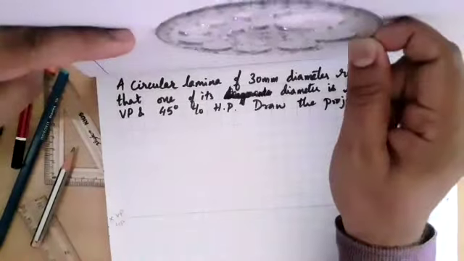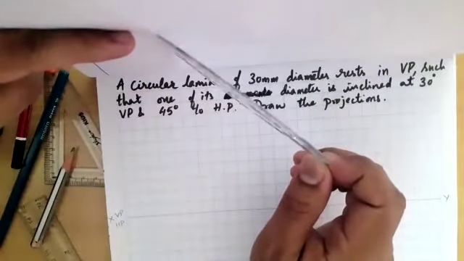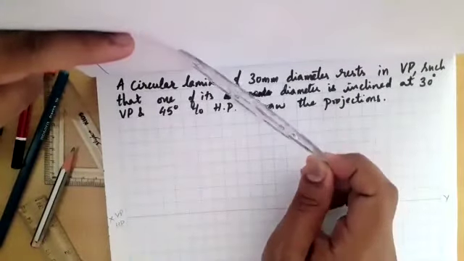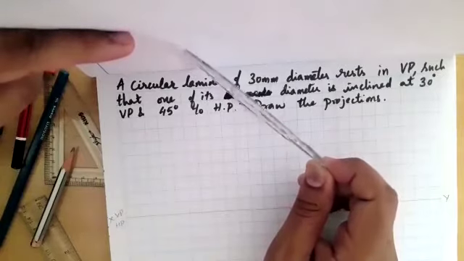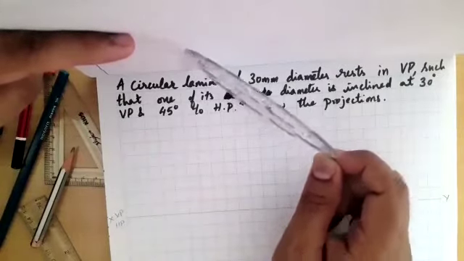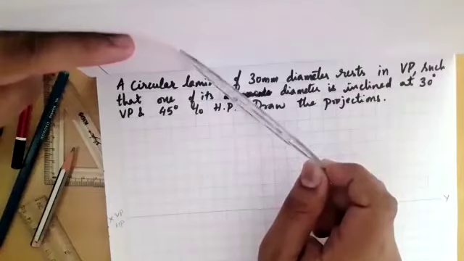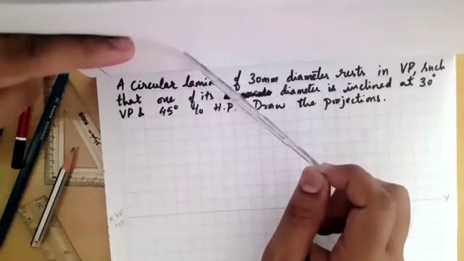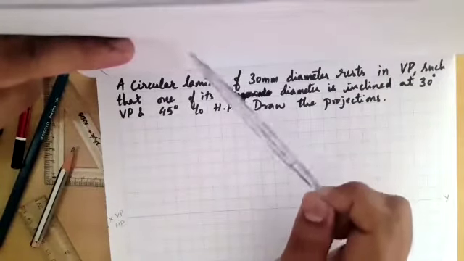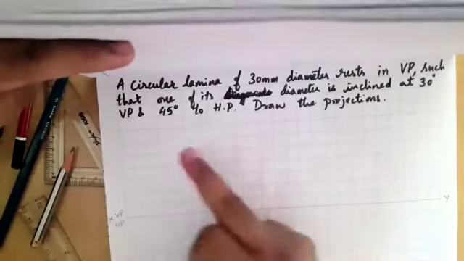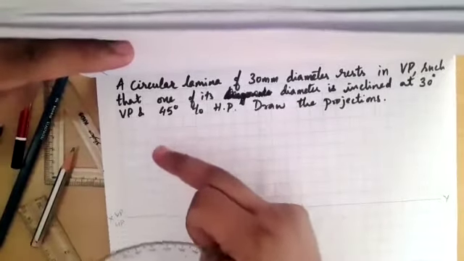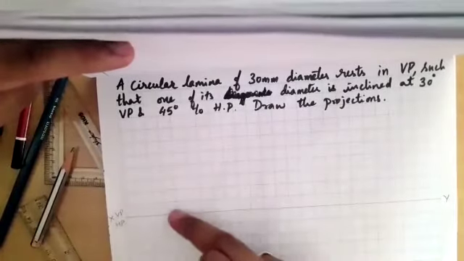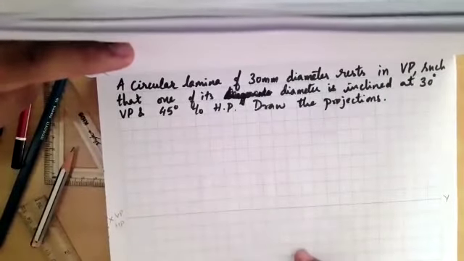Next, I am giving some inclination to it, 30 degree to VP. That means in the top view, whatever line I get, if I incline that line, the whole surface of the lamina is inclined, as well as the diameter which is included in this circle. So initial position will be here, vertical plane, and whatever top view line I get, I'll incline it at an angle of 30 degree.